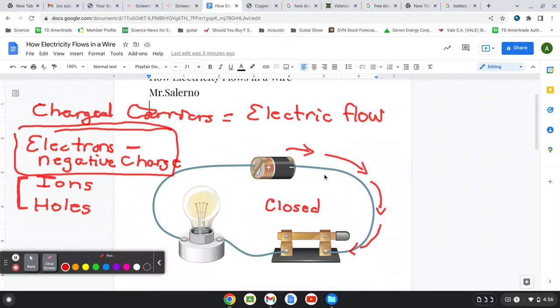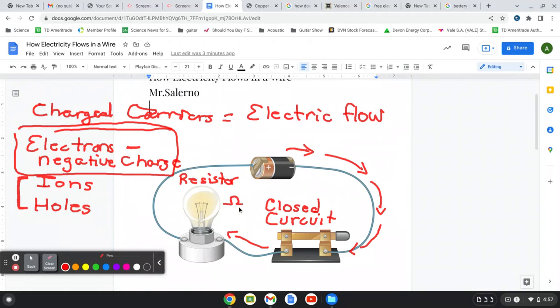All right, so let's put closed circuit right there. So if the circuit is closed, the electrons will flow this way. They'll flow into this lamp, which is a resistor. We'll talk about that in other videos. Resistors are measured in ohms.